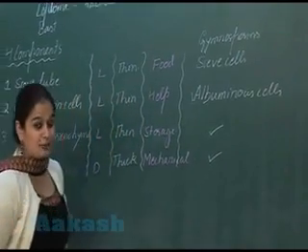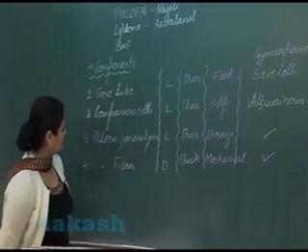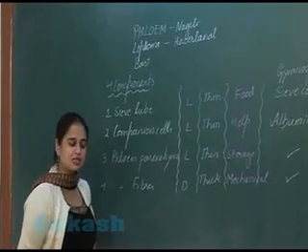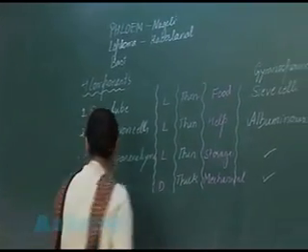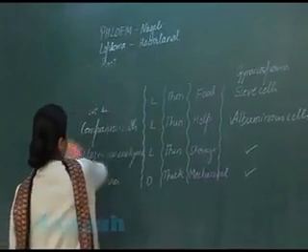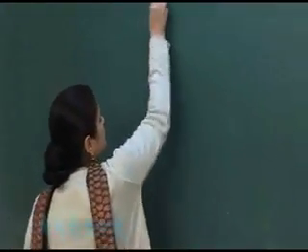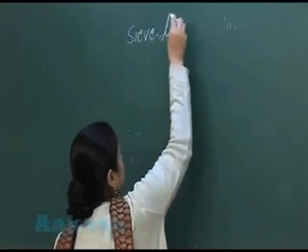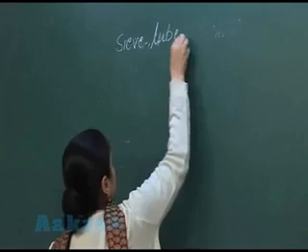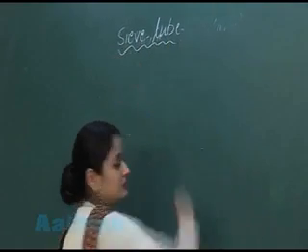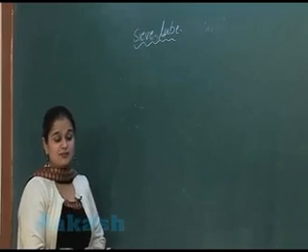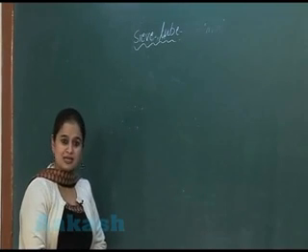So now I am going to deal with all these components in detail. So first of all, I will be dealing with sieve tube. Now the sieve tube consists of several thin wall cells.